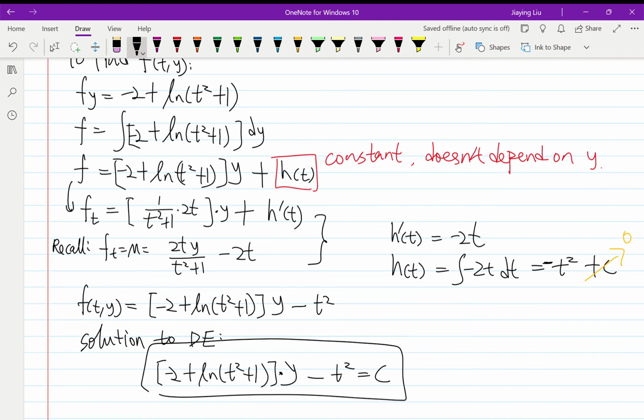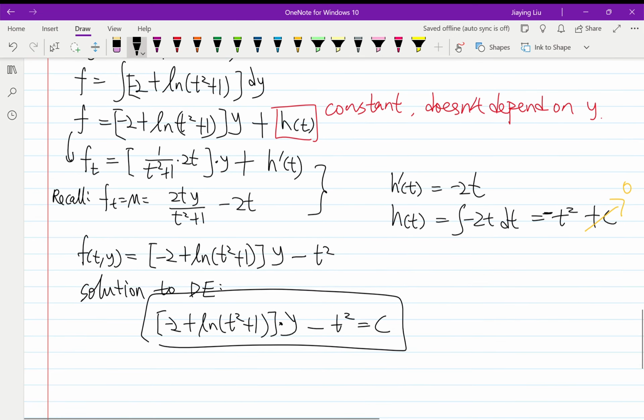And after this, we solve the initial value problem, right? We have to use the initial value to find c, which is y(5) equals 0.